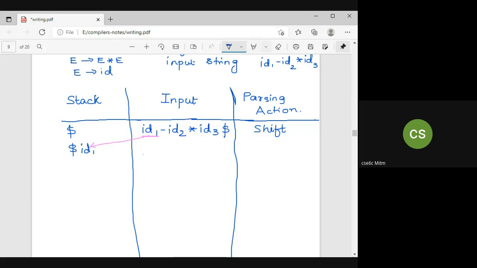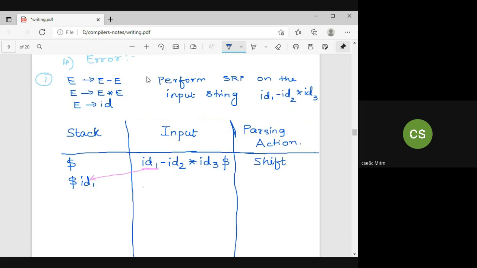Next, you are going to see the right hand side string of the stack. This much is the right hand side string, and you will see if it matches any of the bodies of the productions. If it matches, you're going to take the action of reduce. See the string here, it is ID.